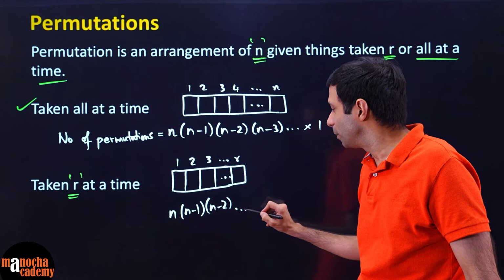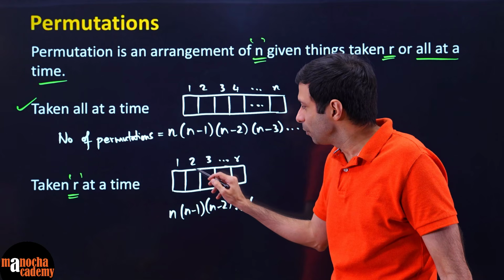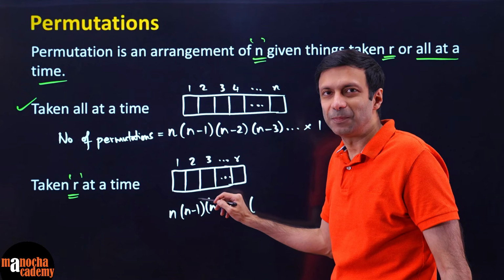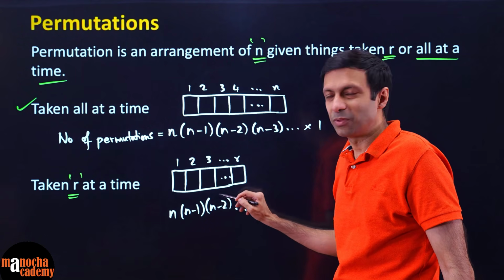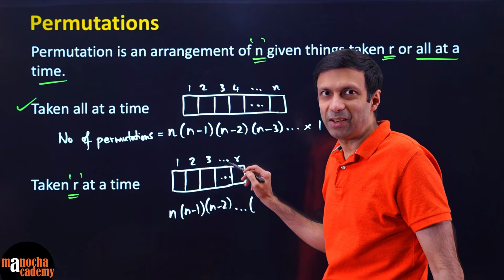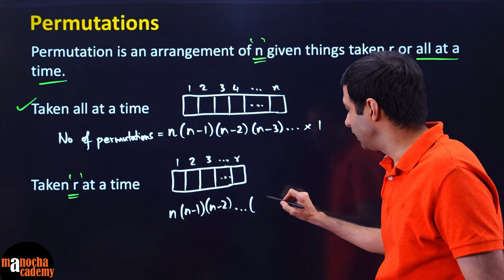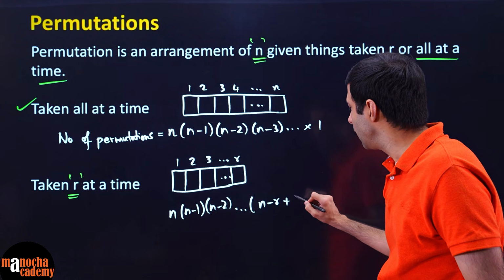And where will you stop? See, for the first box you put in n. For the second box you didn't do n minus 2, you did n minus 1, right? Next time for the third box you did n minus 2. So 1 less than this, right? Or you added 1 basically to your subtraction. So we can say it is basically till n minus r plus 1.